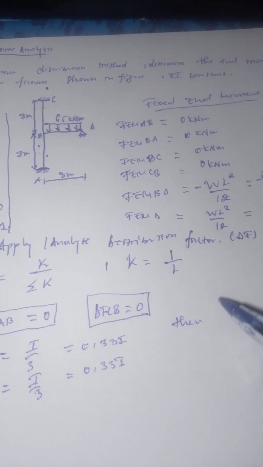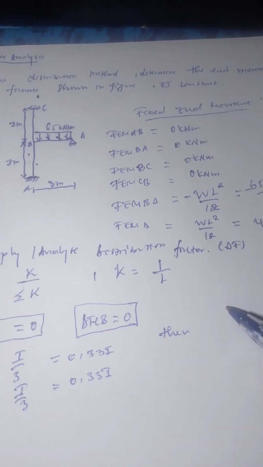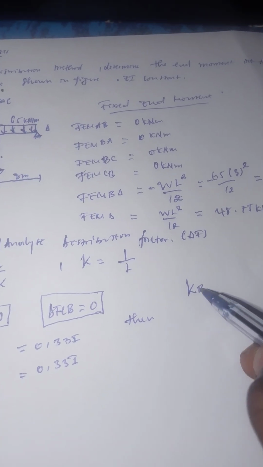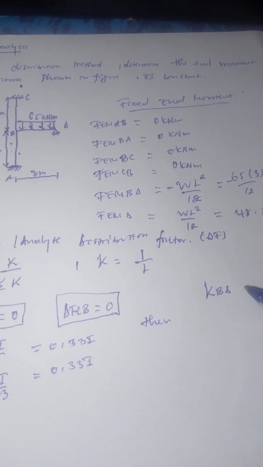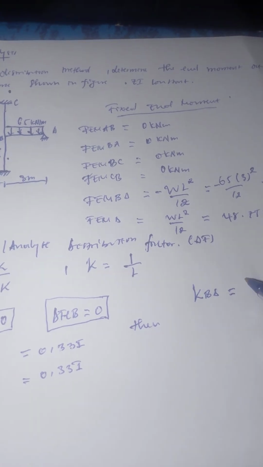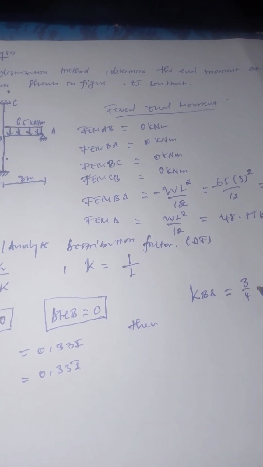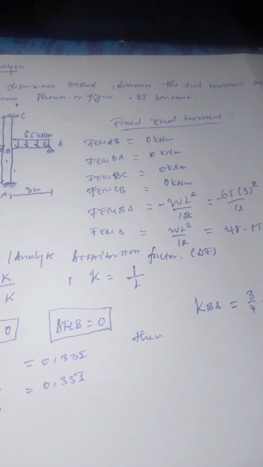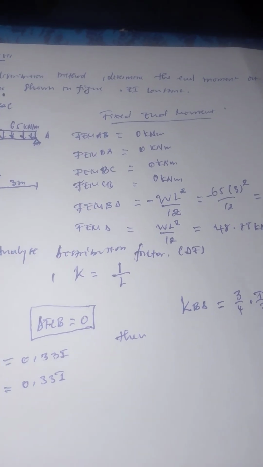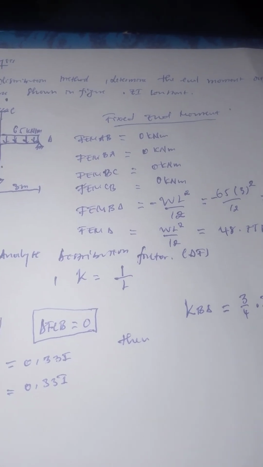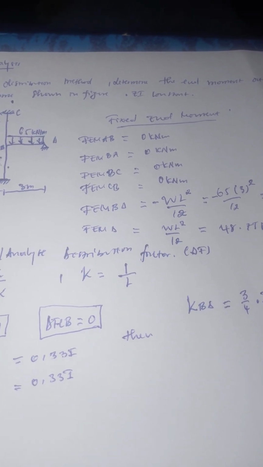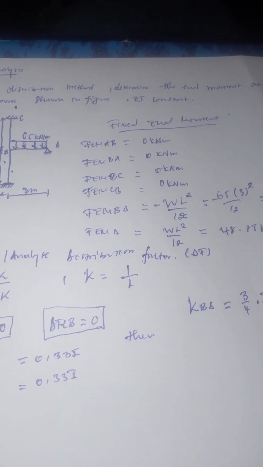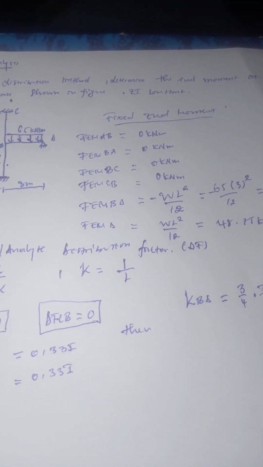Then member stiffness at BD is equal to 3 over 4 times I over 3, which is 3 over 4 times 0.33.